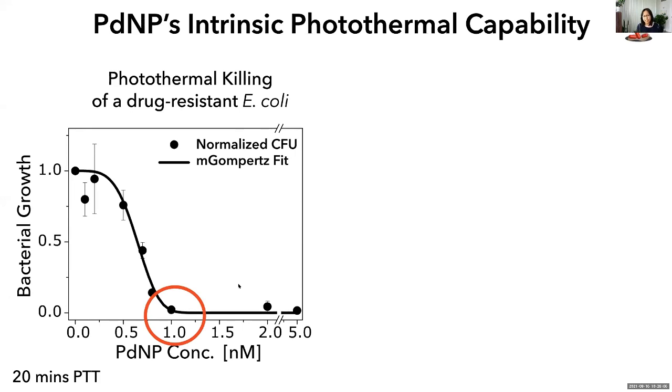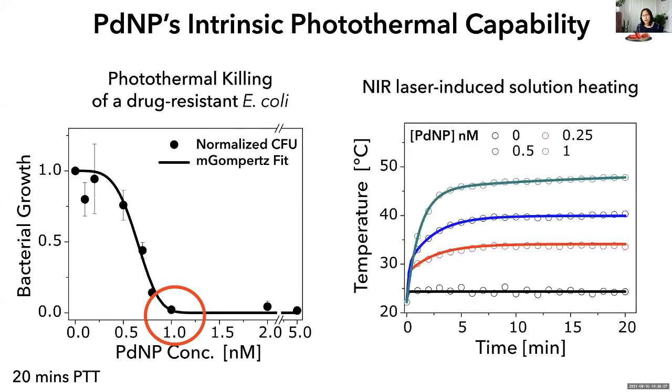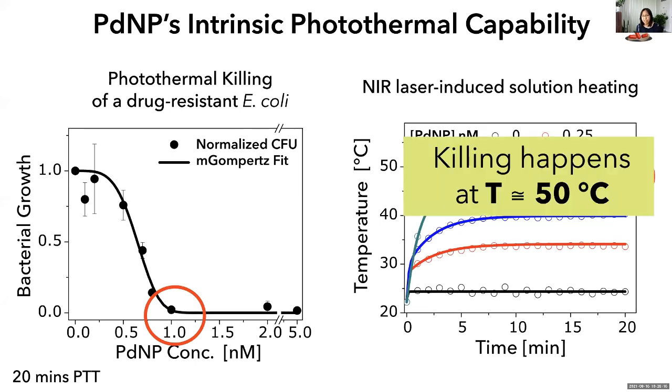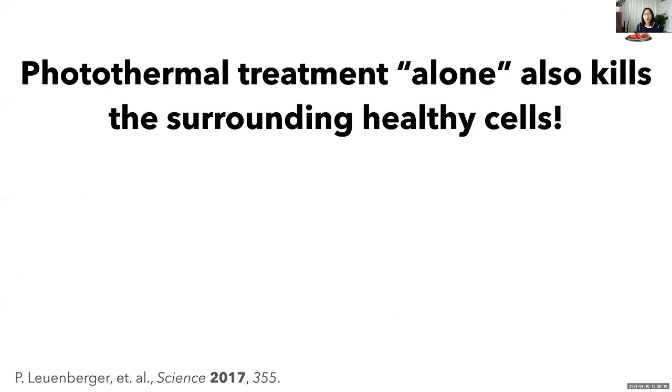But then it caught us really quickly that if I go back to the solution heating temperature that I showed you earlier, 1 nanomolar nanoparticle concentration actually corresponds to heating happening at 50 degrees, which affects not only the bacteria or the pathogen, but also the surrounding healthy cells.